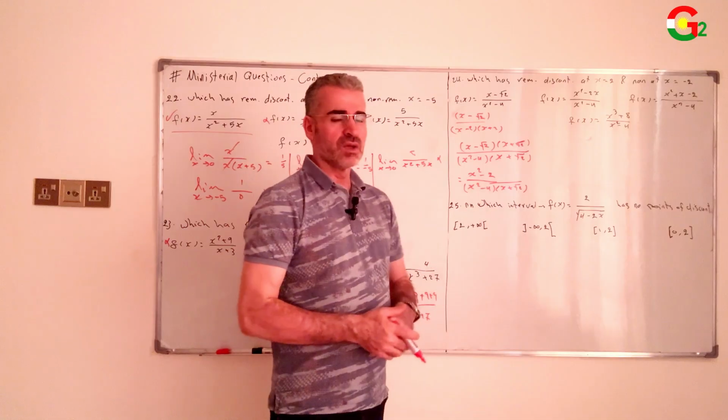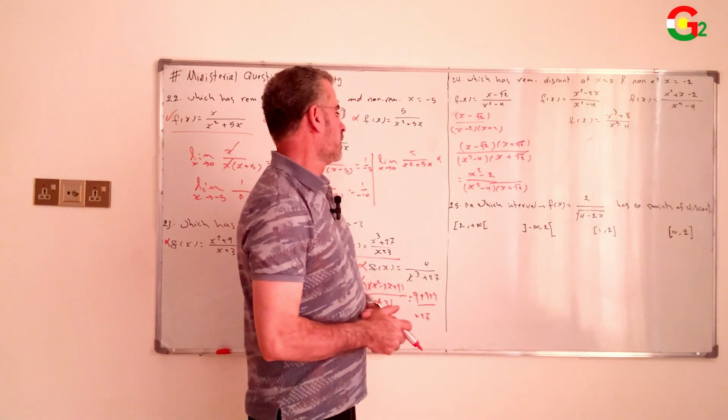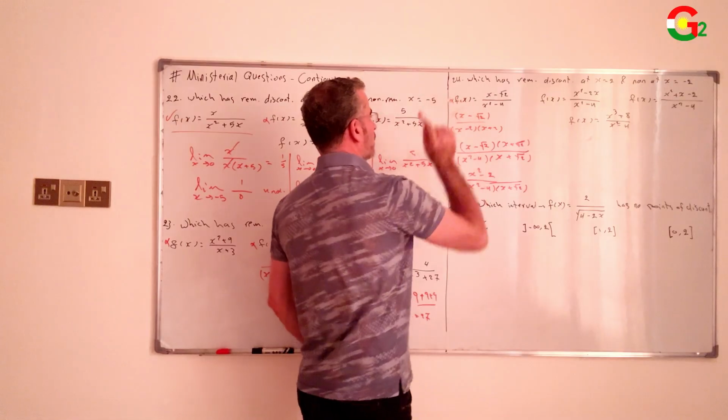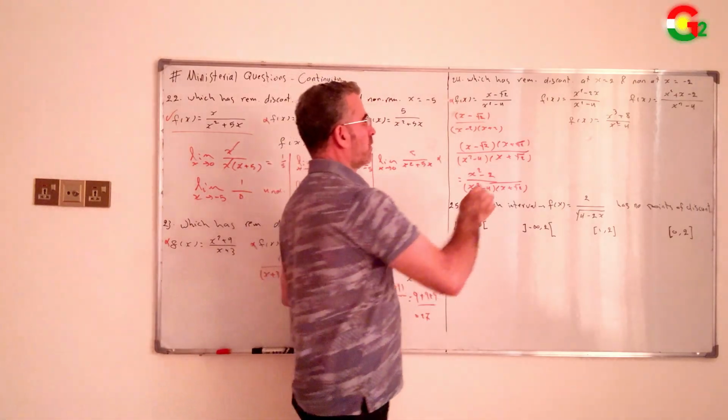If I substitute -2, the denominator also will be 0, so this choice is wrong.